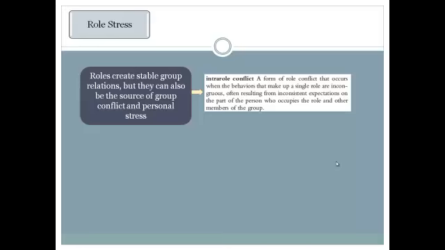Intra-role conflict occurs when you have a particular role, a single role, and there are inconsistent expectations for that particular role, for the person in that role. In other words, some behaviors you're supposed to do go against the other behaviors that you're supposed to do too.